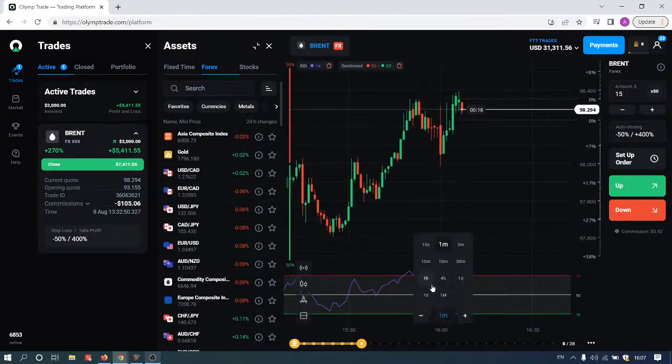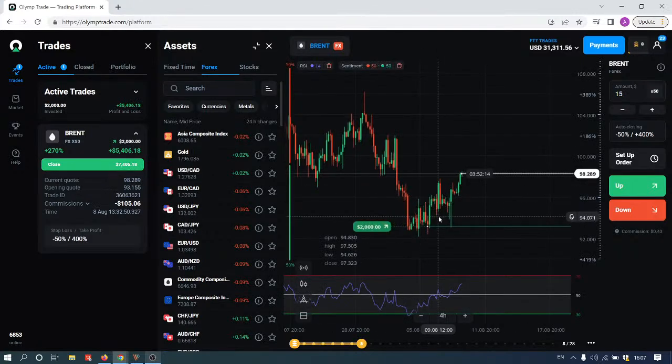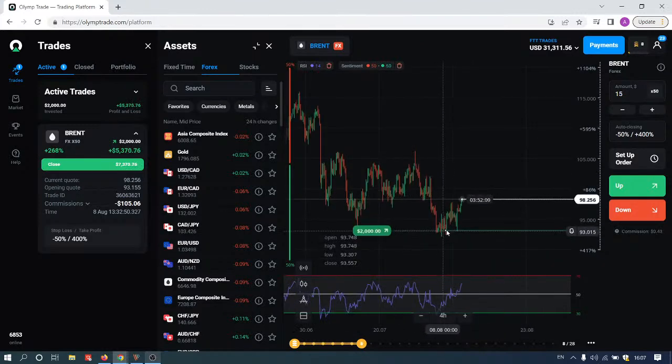So yes, I'm still holding on to this trade, and I should probably be closing it quite soon. What I'm hoping to achieve here is maybe two more dollars on this price. I'm making a pretty good number, even though I have to admit I had a few losing trades before.